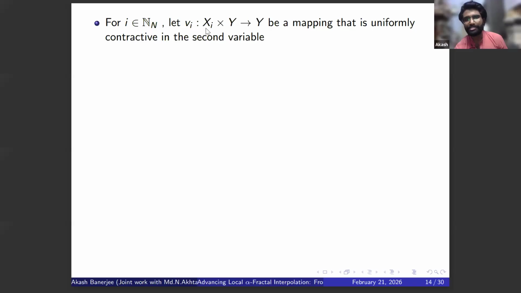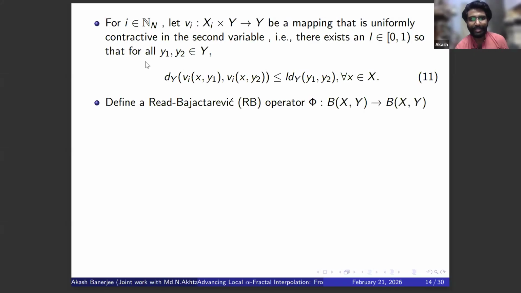So vi's are functions from Xi cross Y to Y. These are just generalizations of those capital Fn's. Again, as we have seen for Fn, in this case also vi's are contraction mappings in the second variable. Okay, and then we can define the generalized form of the RB operator.